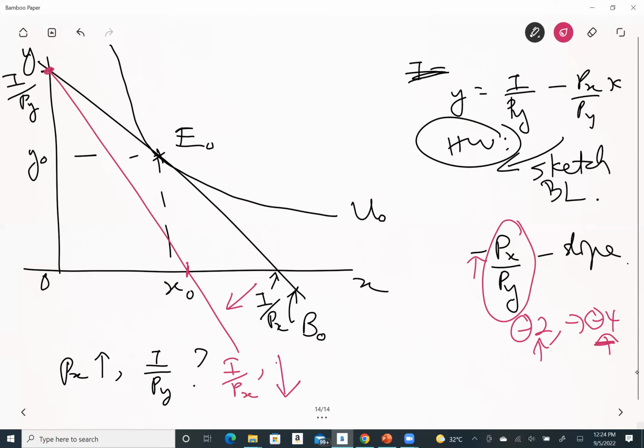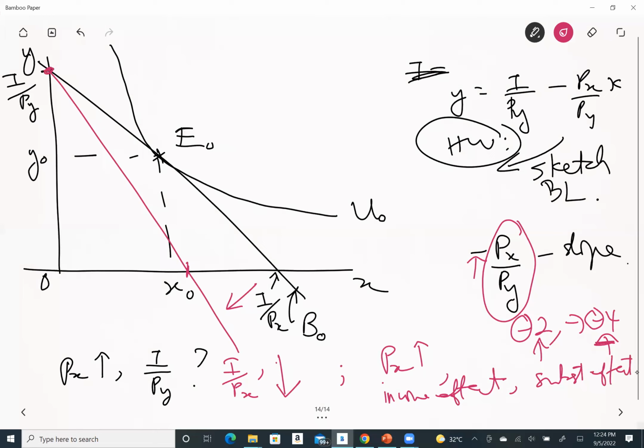Okay, all right, decreases. So when the price of X increases, there are two effects here. One is your income effect. But also the price ratio changes, so there will be a substitution effect.